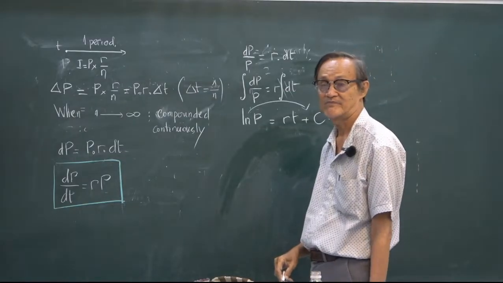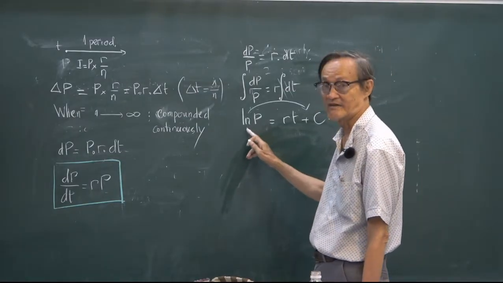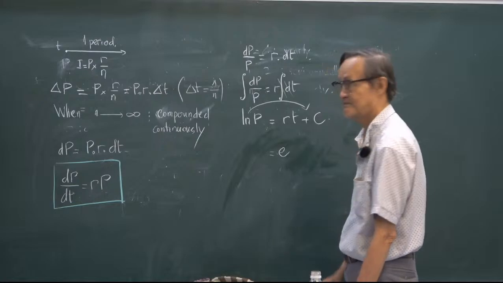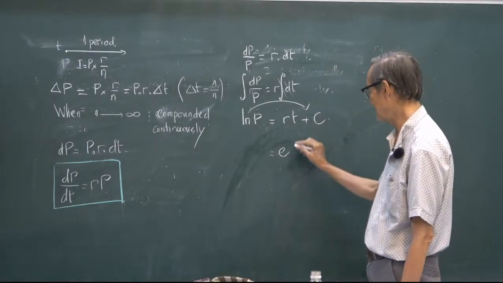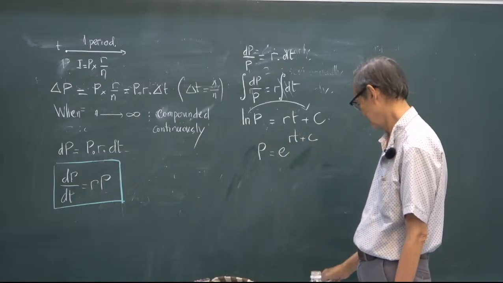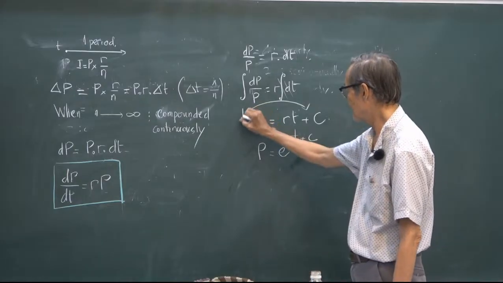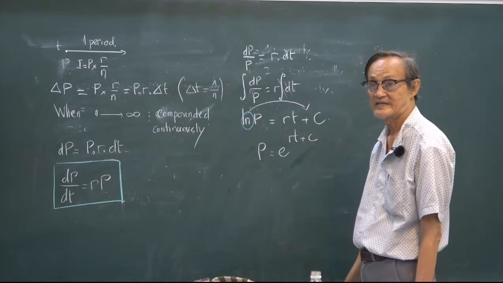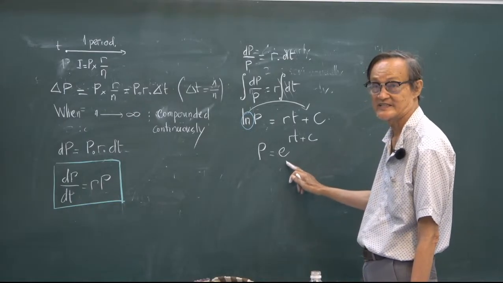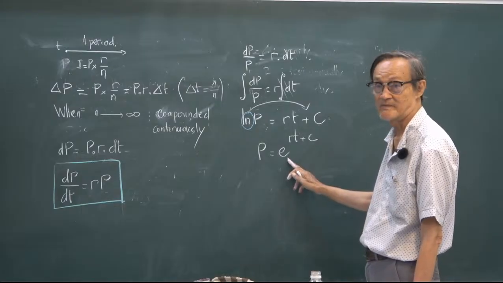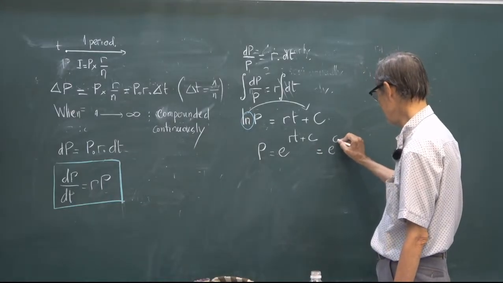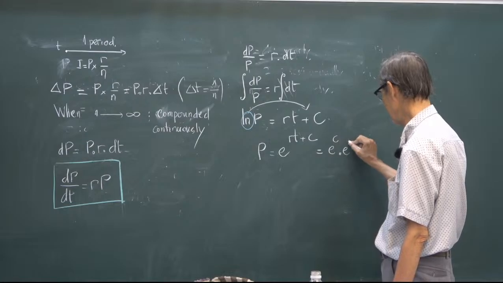It becomes its inverse function, exponential to the base e, so P equals e power c times e power rt.